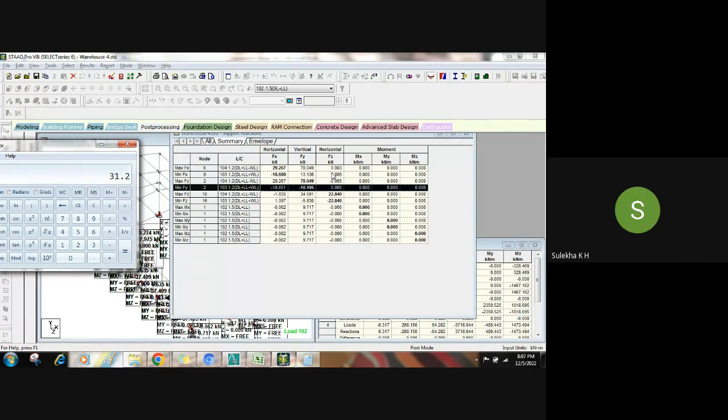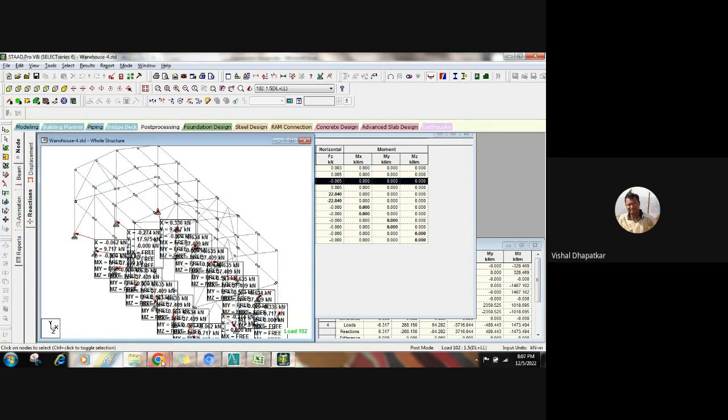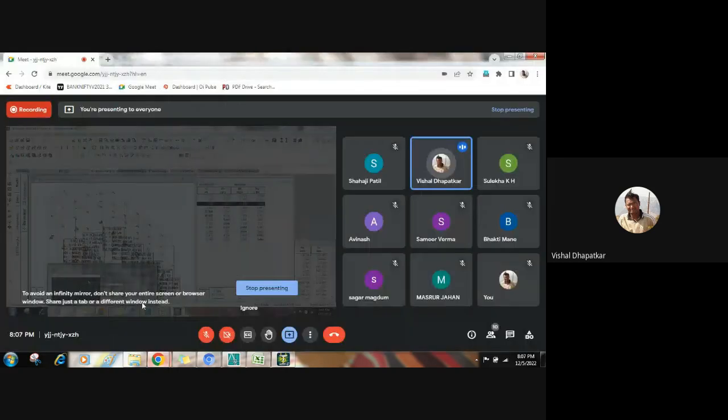Sir, in practical case, when we give the purlins above the rafters, so we need to consider the LY or LX values as the purlin spacing? No, no. You cannot consider the purlins restraint for the rafter design, because, I'll just show you the sketch.